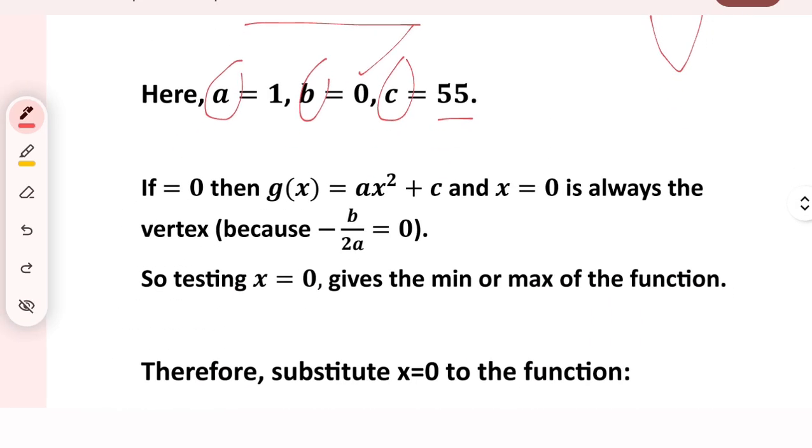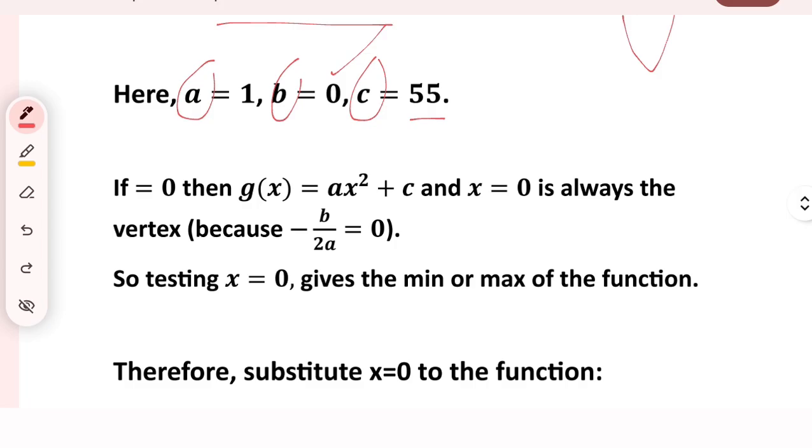Then for g of x, if b is 0, because in our case b is actually 0, this is a function, right? And x equal to 0 is always the vertex, all right? So if b is 0, then the vertex is at x equal to 0, because of this formula here.